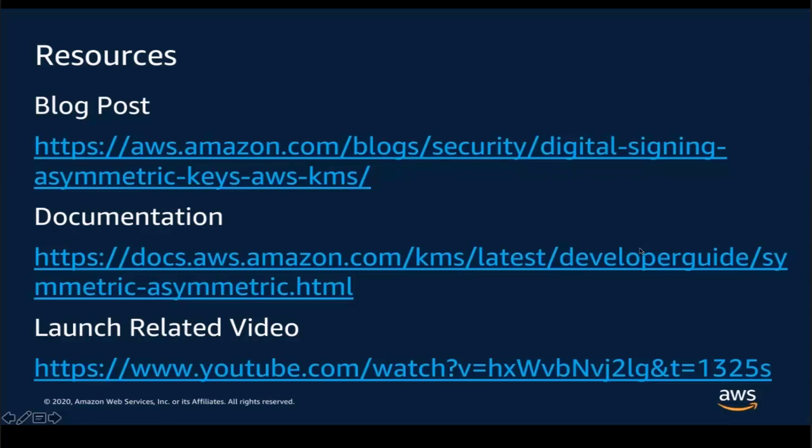And we also have extensive documentation about this feature. As you can see in the link, you will have information about the different APIs: the Sign API, the Verify API, the Get Public Key API, the Generate Data Key Pair, and the Generate Data Key Pair without plaintext that you've seen in action in Peter's demo.